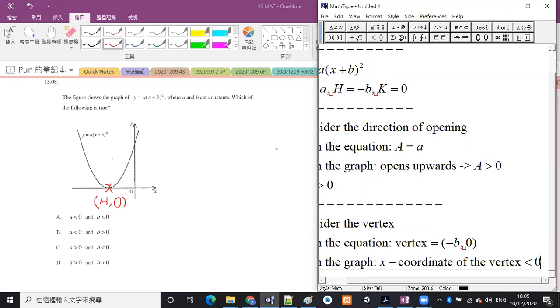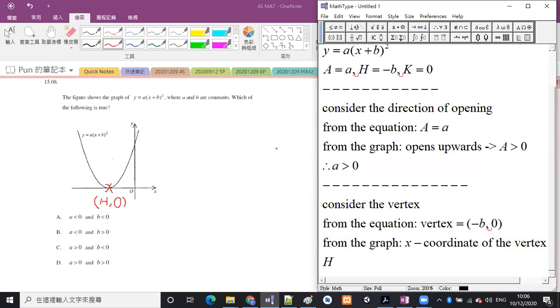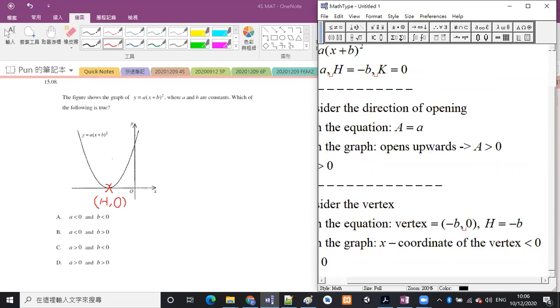Do you know why? Okay, because the vertex is lying on the left-hand side of the y-axis. Okay, so a point on the left-hand side of the middle line will have the x coordinates less than 0. So that should be negative x coordinates, which means that the h value should be less than 0. Okay, but from the equation, we know that the h value is equal to negative b, right?